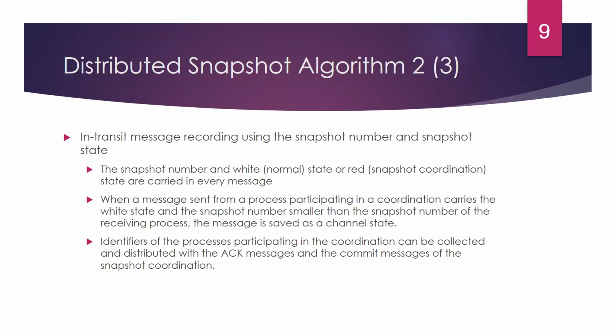To identify these messages, the messages also carry the snapshot state, such as white, denoting normal state, and red, denoting coordination state. So the messages carrying the white state and the snapshot number less than the snapshot number of the receiver are saved as a channel state.